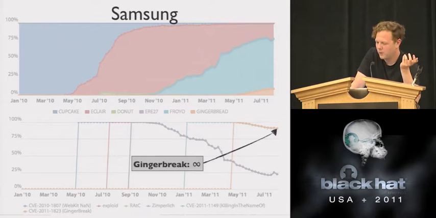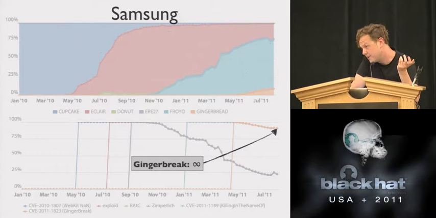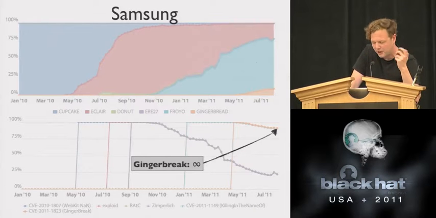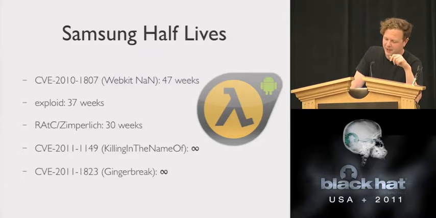Well, we're assuming that things are going down as we start to see Gingerbread releases come up. We're also assuming that the majority of 2.2 have not been patched out of cycle specifically, and that could be wrong. But we get to 47 weeks for the WebKit, 37 weeks for the exploit, and 30 weeks for the input bug.